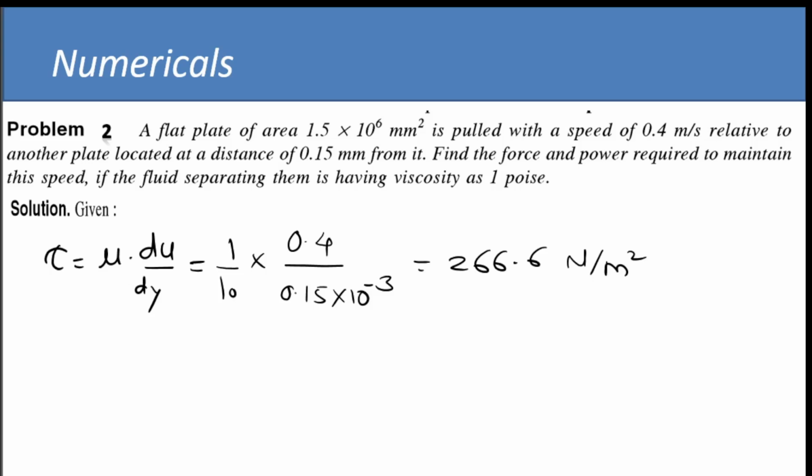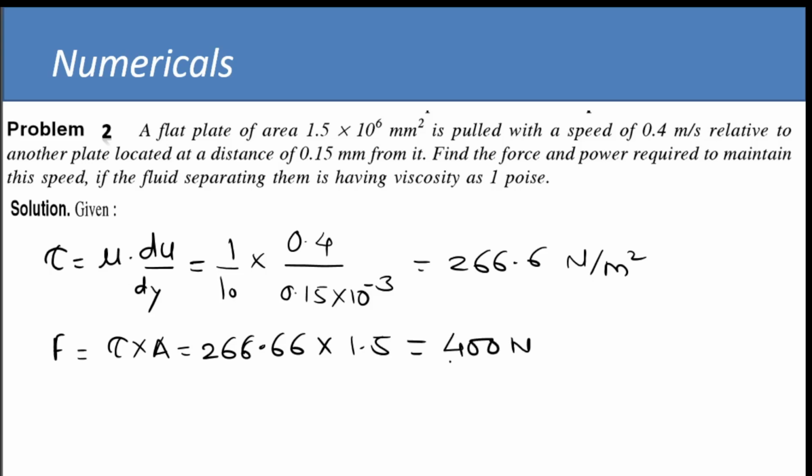Now, from this stress, we can find out the force. Force is equal to stress into area. Already area is given in the numerical, so 266.66 into area, 1.5. So the force is equal to 400 Newton.